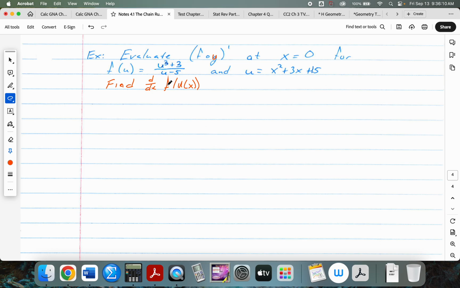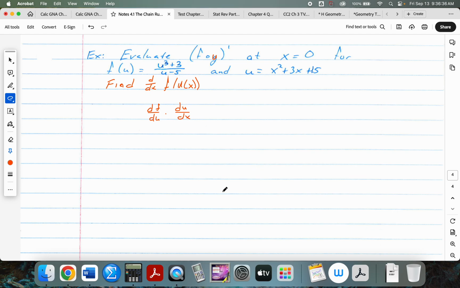That's going to take a bit of time. So instead, with Leibniz notation, I'm going to take the derivative of f with respect to u times the derivative of u with respect to x.